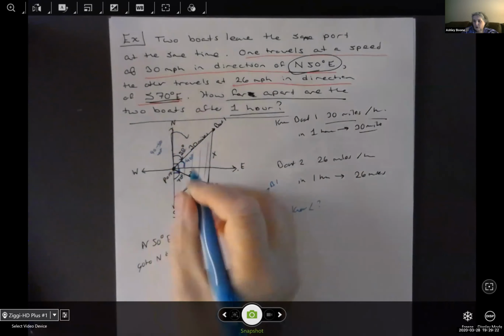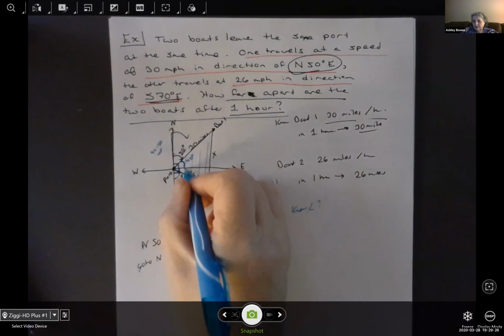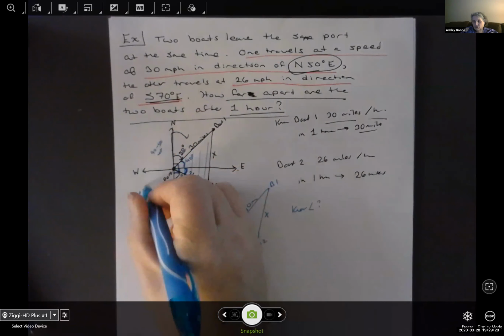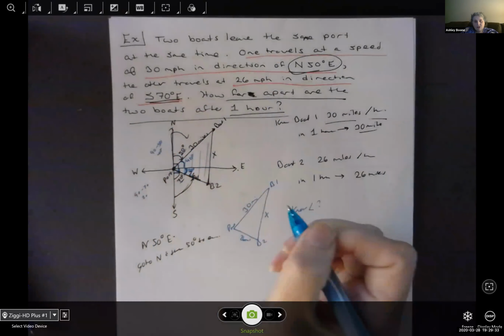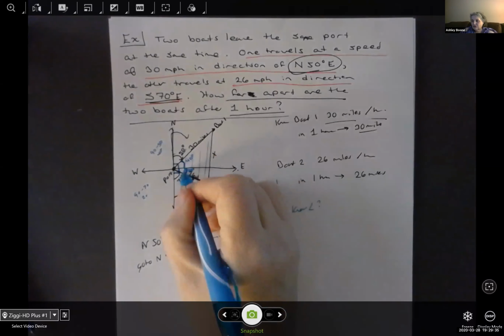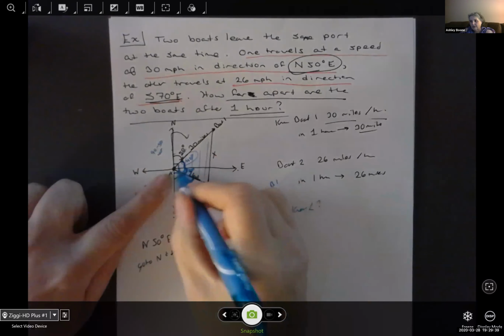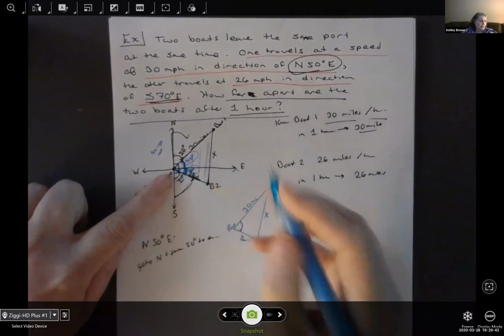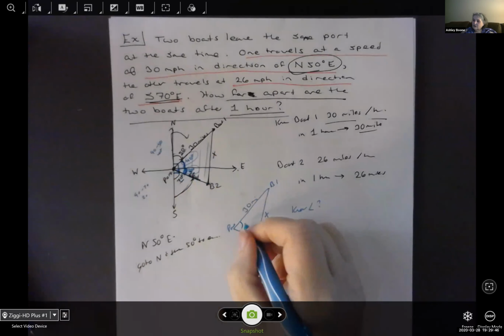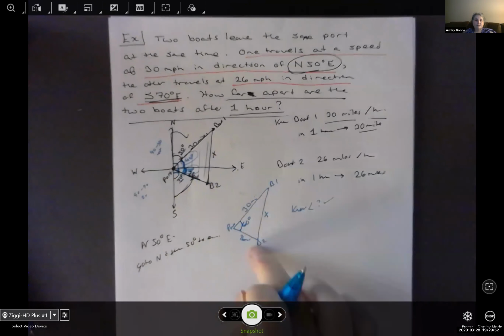We know this part is 70, so we can get this part right here. 90 minus 70 is 20, so that little bitty angle there is 20. So in this triangle, this angle right here is made up by this 40-degree angle and this 20-degree angle. So that is 60 degrees. So we do know an angle in there.